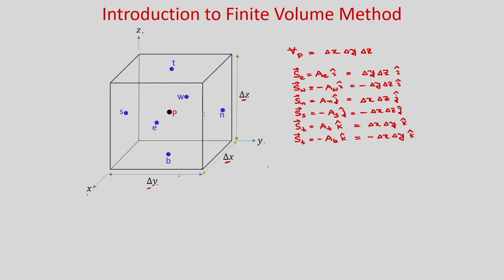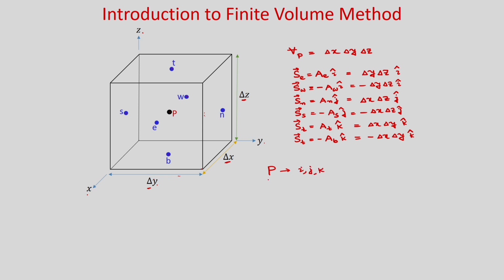And you can see that for this particular case we are considering the finite volume method. So generally we use the cell center as P and the neighbors as east, west, north, south, top and bottom. So the compass notation we can compare with the finite difference method as follows. P is the main control volume, so this is your i, j and k.